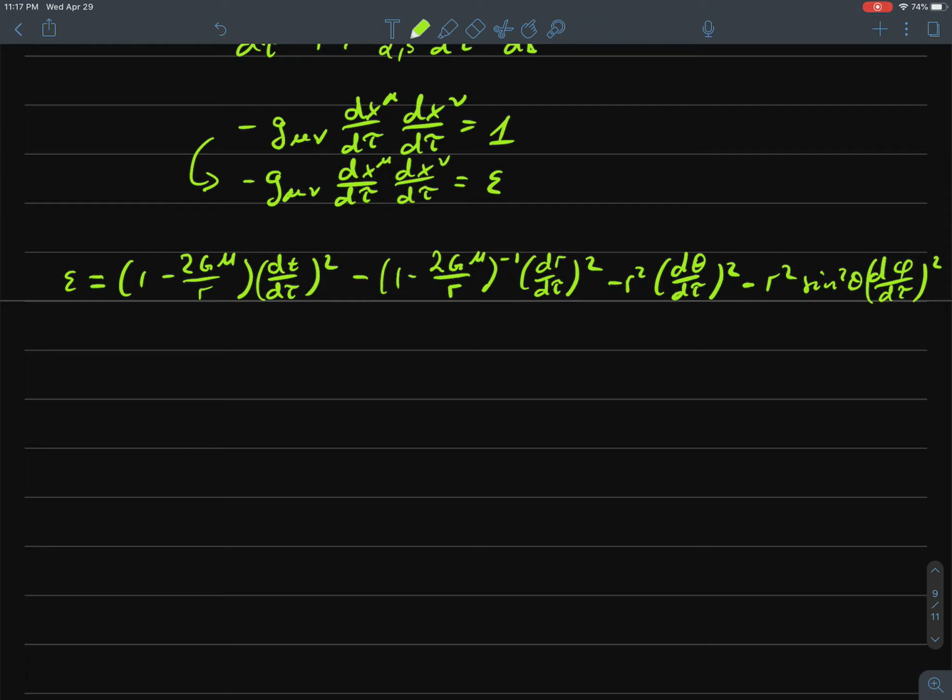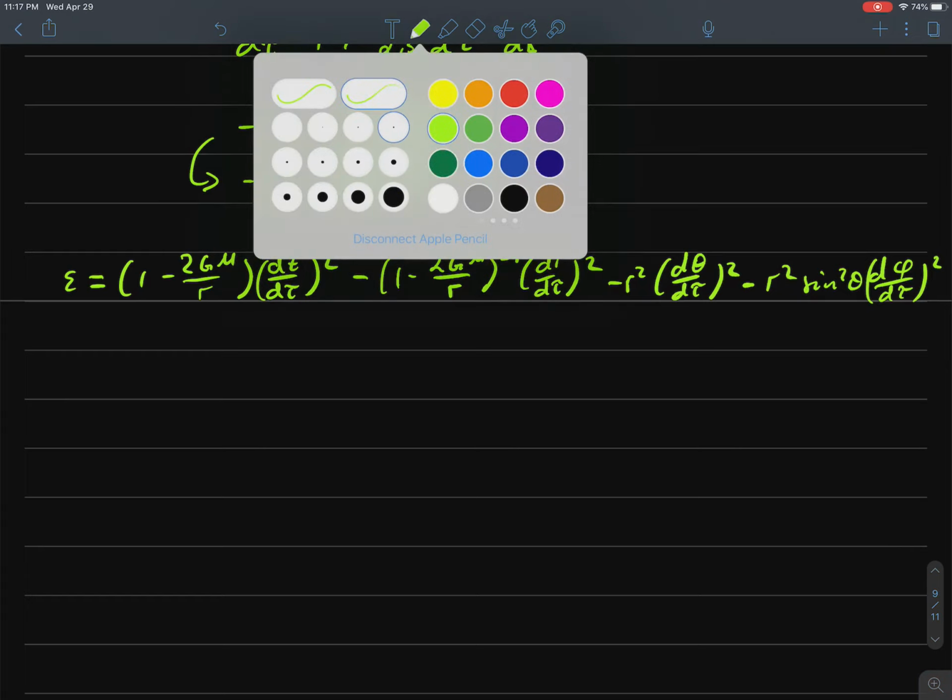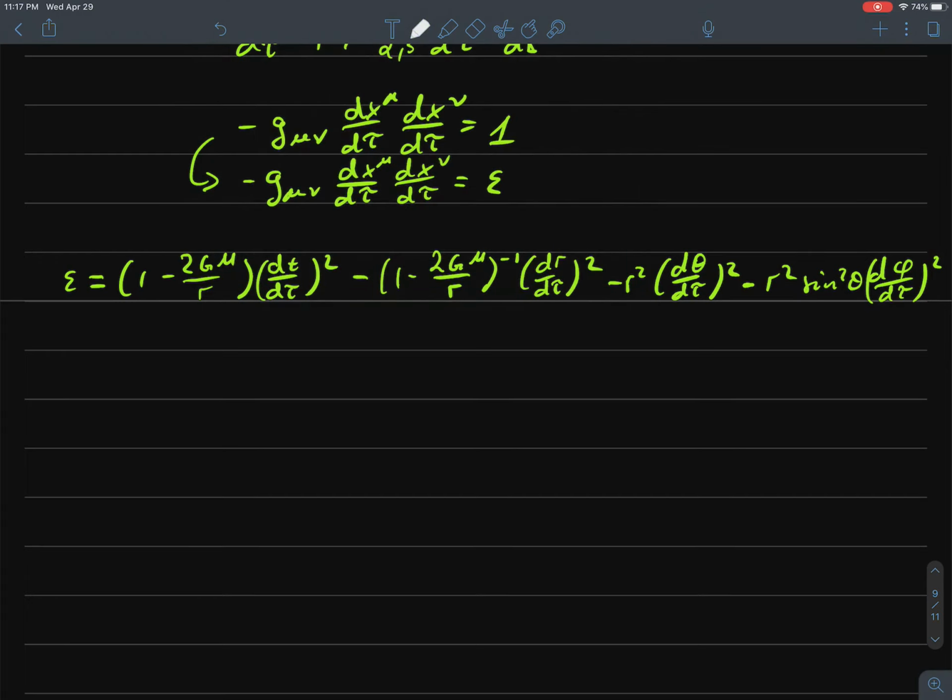Okay, so the next thing we want to do is make a small simplification. What we're going to be looking at is the sun, right here, not to scale, and then we're going to look at something like the Earth, and the Earth is moving around the sun like this in a planetary orbit.